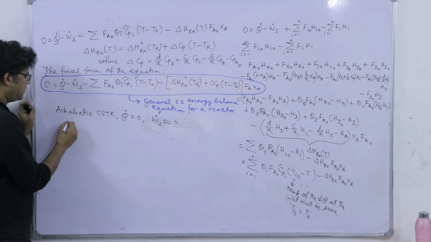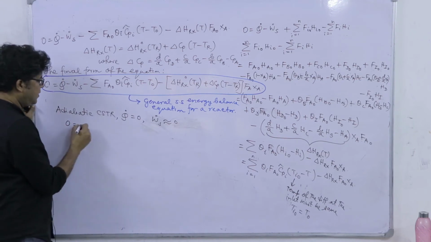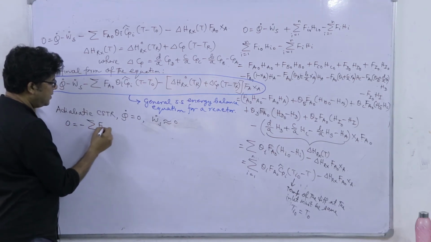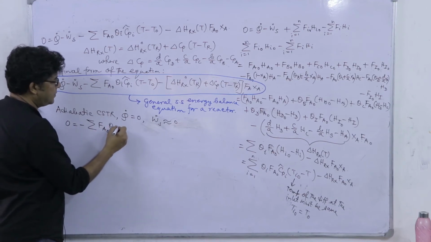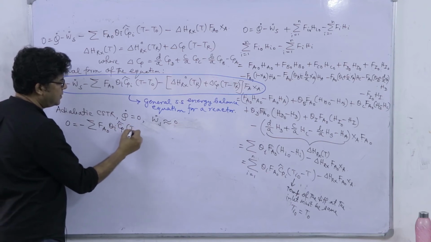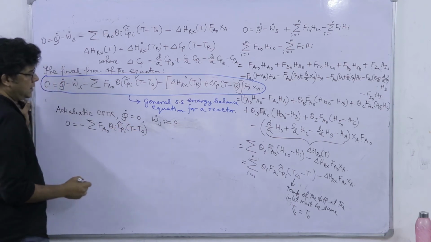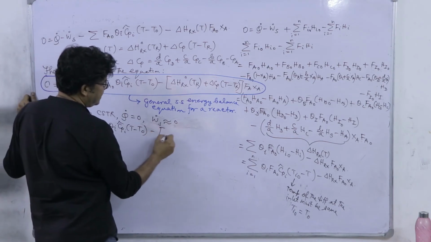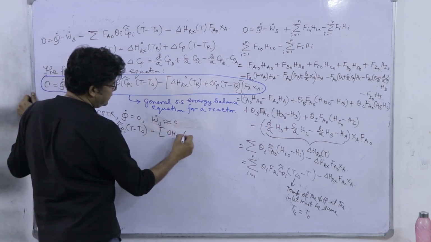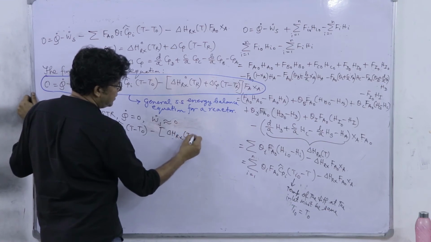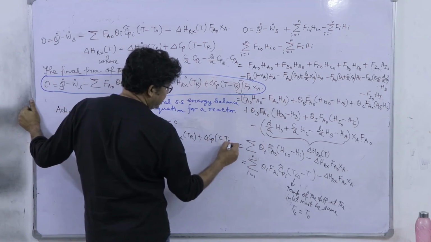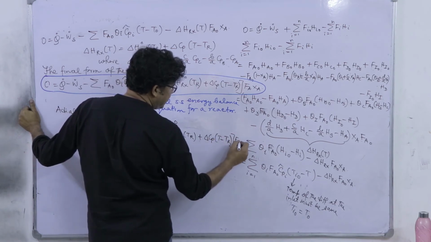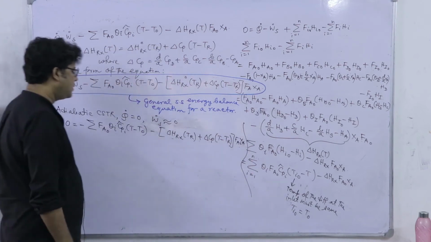So 0 equal to minus Fa naught into summation theta I Cpi (T minus T naught) minus [delta H Rx at Tr plus del Cp (T minus Tr)] Fa naught into Xa.